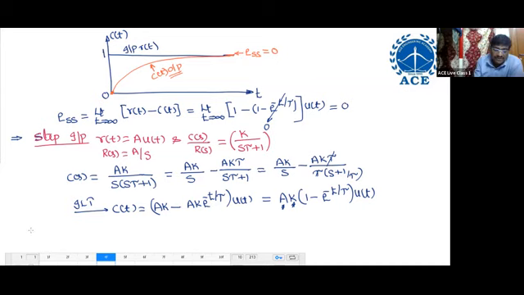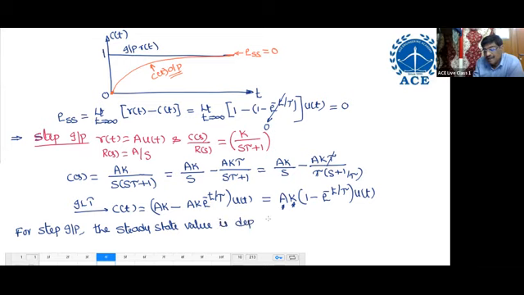So for step input, the steady state value depends on the amplitude of input, that is A, and system gain K.